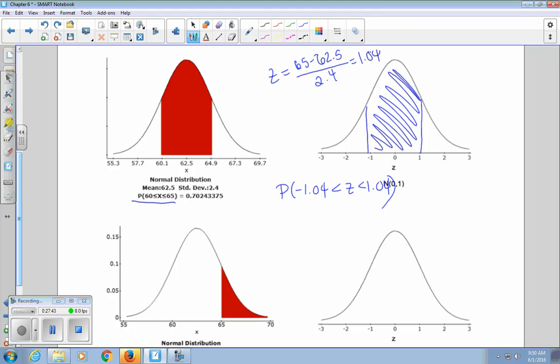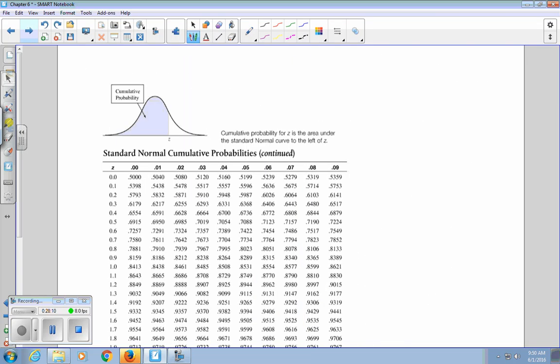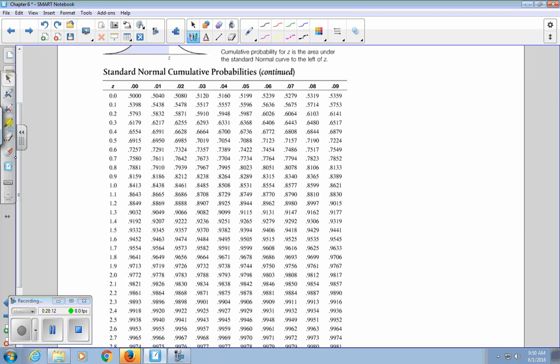Okay, so when we look up 1.04, the probability of Z being less than 1.04, the table is going to give me this probability, the area, all the way from the red line over. So let's look up and see what that gives us. Going to our table, we want to go to 1.04. So just to make sure I'm all lined up, it's 0.8508.